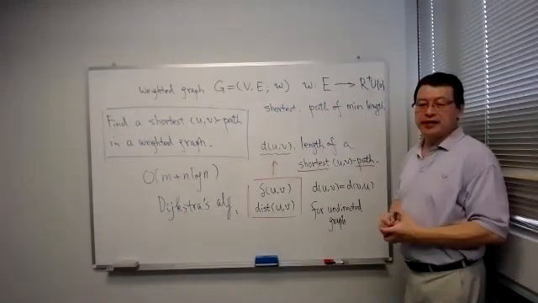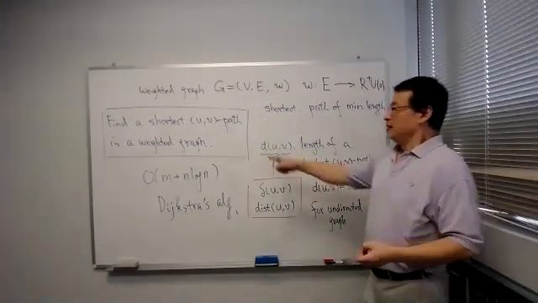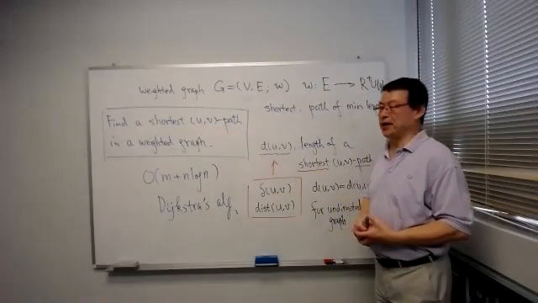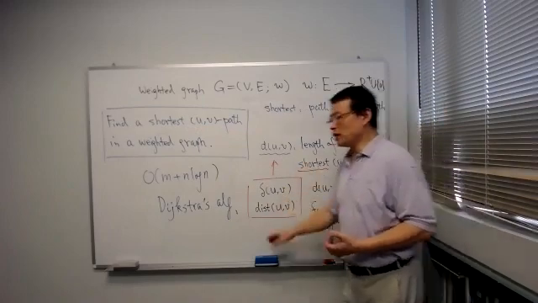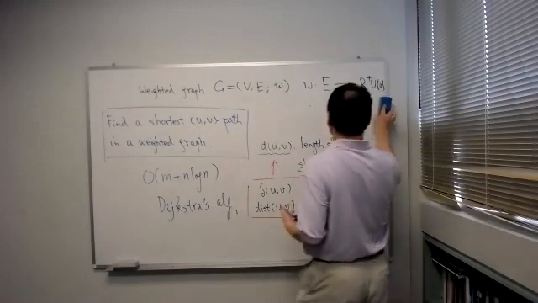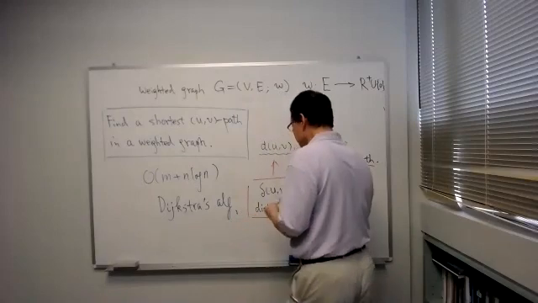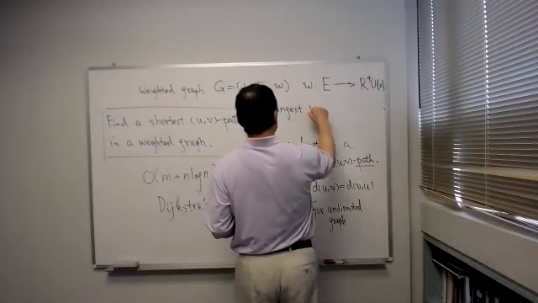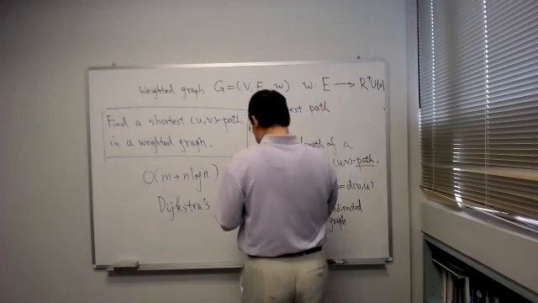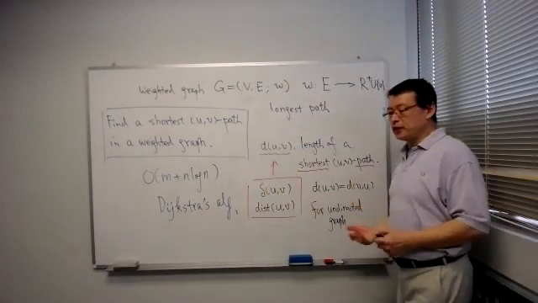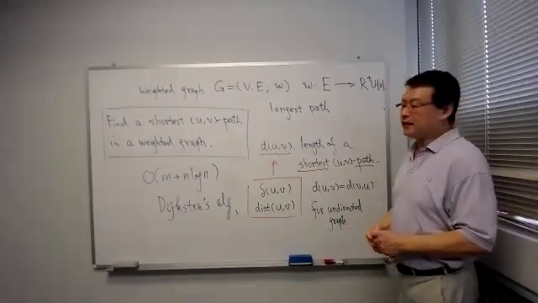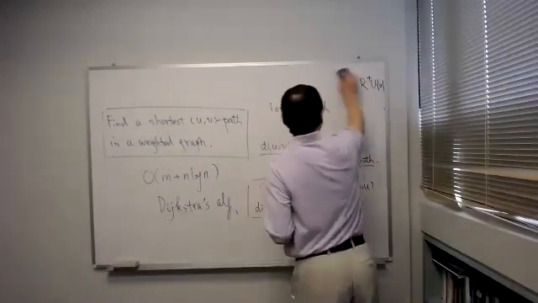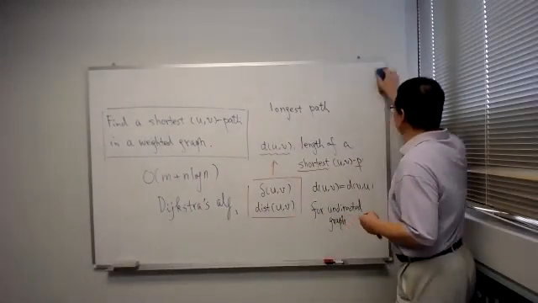On the other hand, here is the shortest path. Naturally, one can consider the longest path. So instead of shortest, one can consider longest. In this case, even if the graph is unweighted, the problem is very difficult. So we can forget about weighted graphs, because even for unweighted graphs, it's already very difficult.